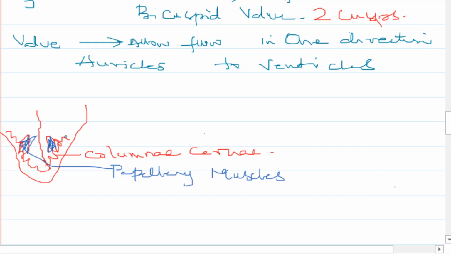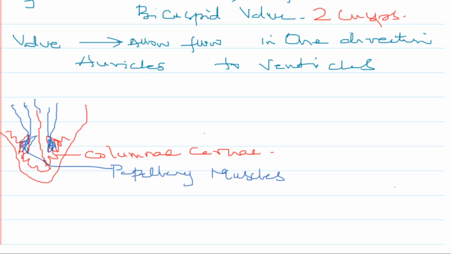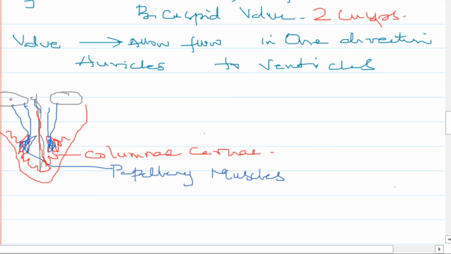Now these have strings attached, the right and the left. So here we have the valves, the bicuspid and the tricuspid.